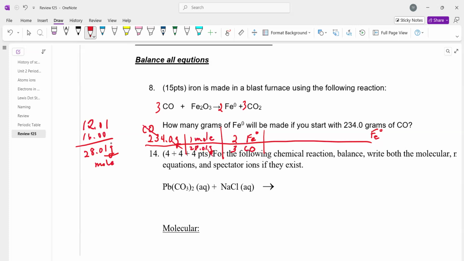I don't know what iron weighs. What is that? 55. Okay, 55. All right, so moles cancel. CO cancels. We're left with grams of iron.